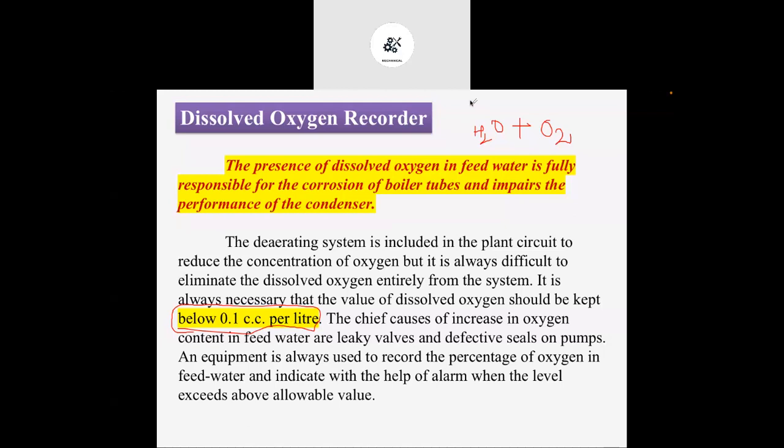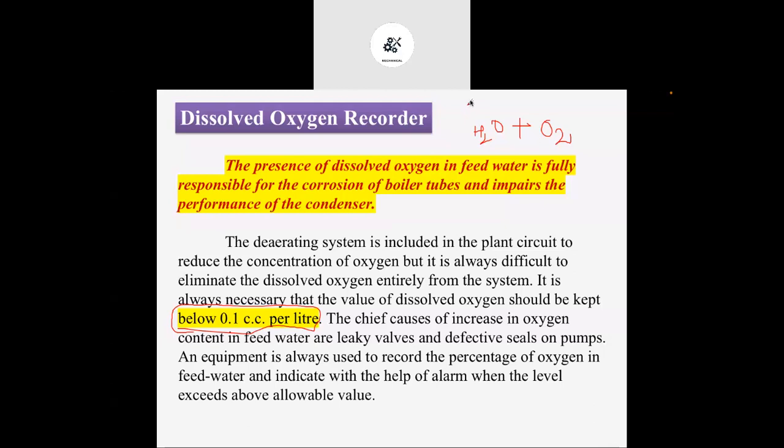The main thing we have to focus on is why it is necessary to measure the amount of dissolved salt, and why it is necessary to measure the dissolved oxygen. That is important. If you know the reasons, then you can justify why we require this particular instrument.